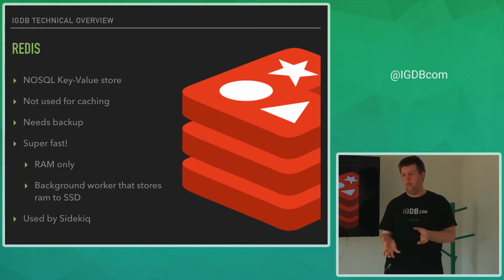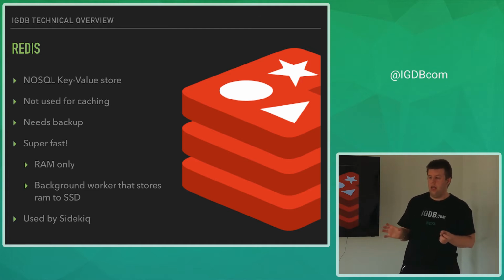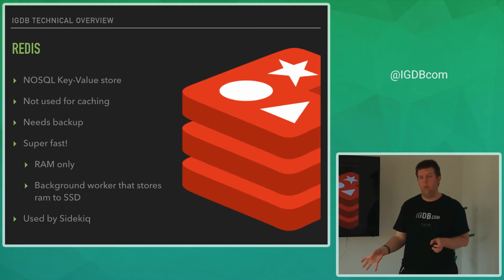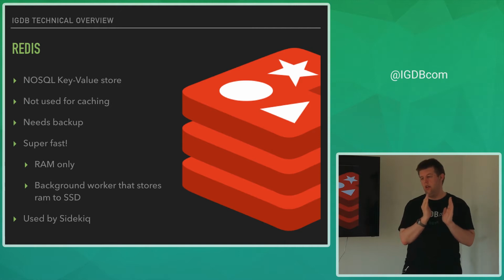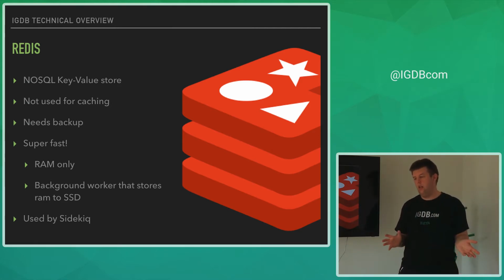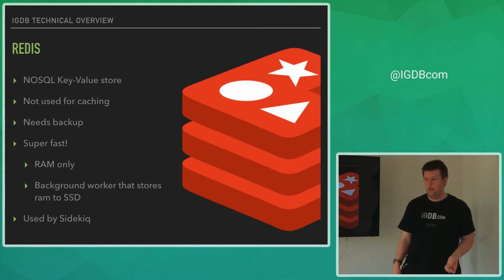It needs backup because we are storing data, and that's why we don't use it for caching, because if the cache fills up the database, then we cannot insert new stuff into it, like for instance Sidekiq jobs.